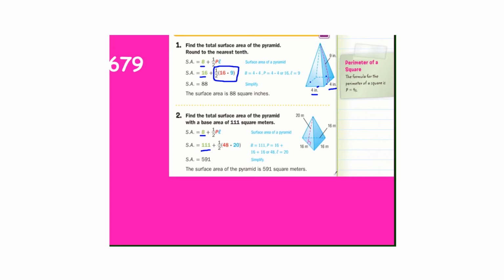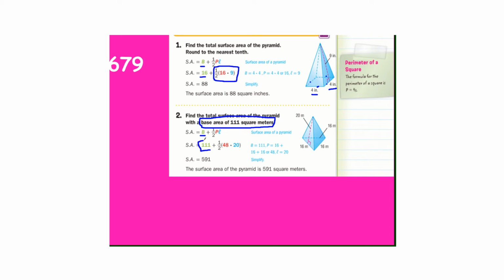So the area of that base is 128. I don't think that they show you that on there, okay? They have 111. Gotcha. I should have read the problem. The base area is 111 right there, okay? Should have read it better.